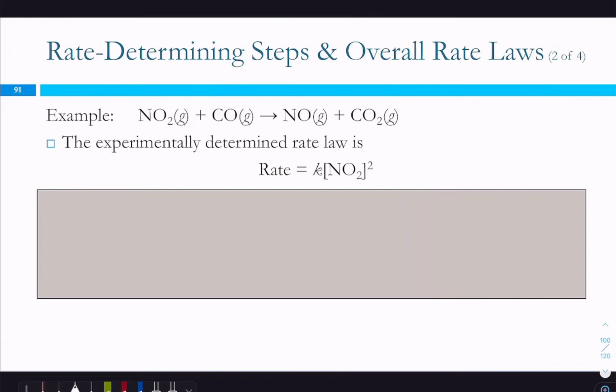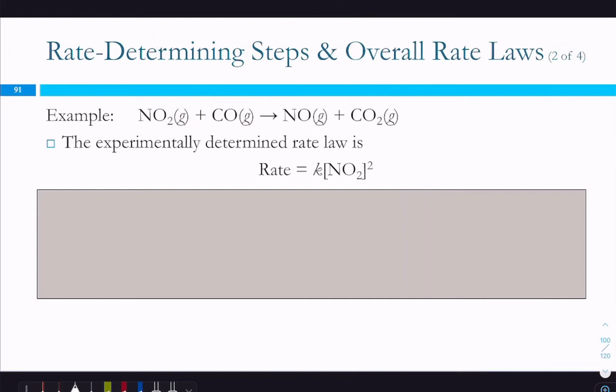So what is something that you notice about this? How does this relate to our overall reaction? Yeah, the bimolecular. You're kind of getting ahead of where I was thinking, but yes, because it has the two.